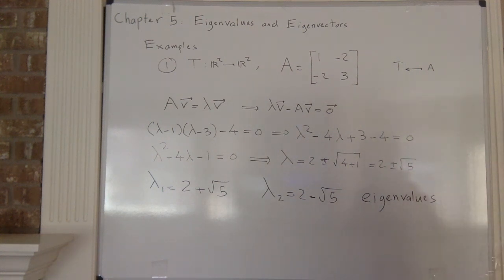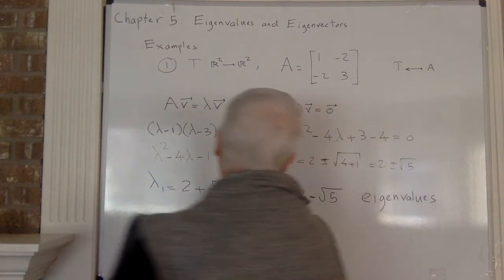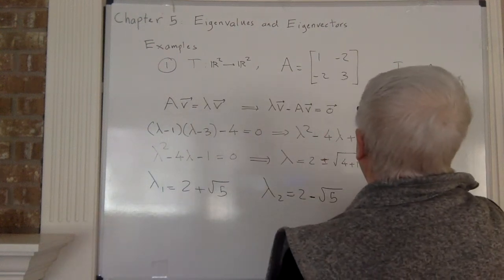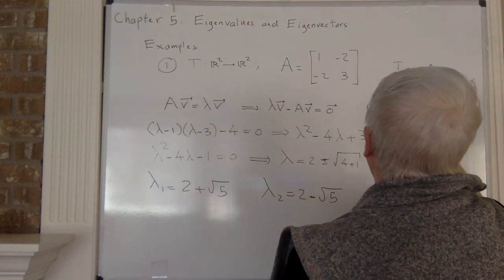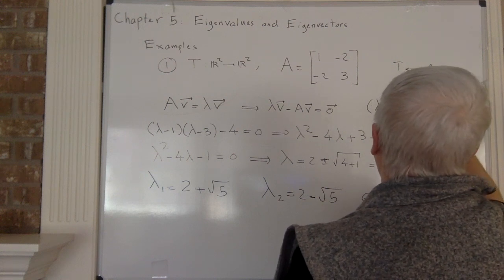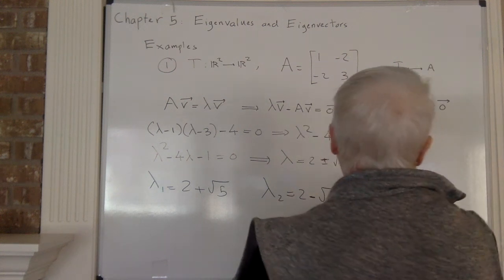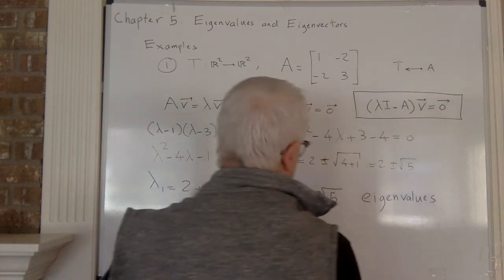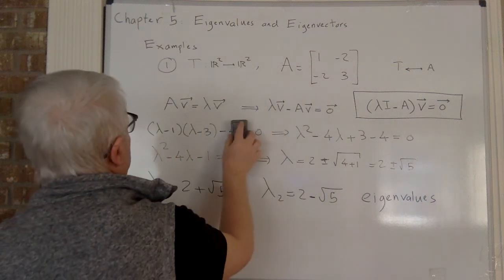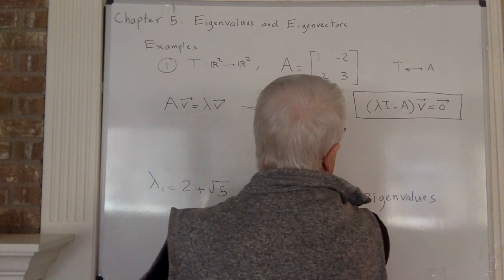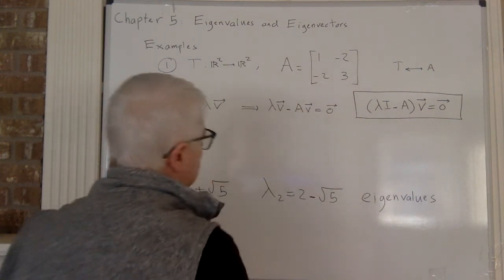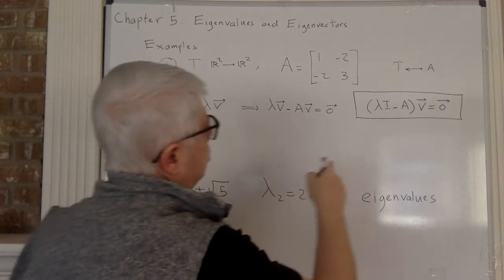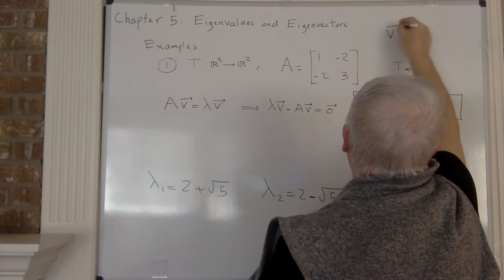So let's go back to this equation. It was lambda I minus A times V equals 0. We need this equation to find V. So let me erase this and find the eigenvectors. So V is V1, V2.